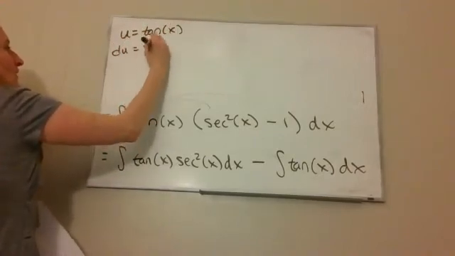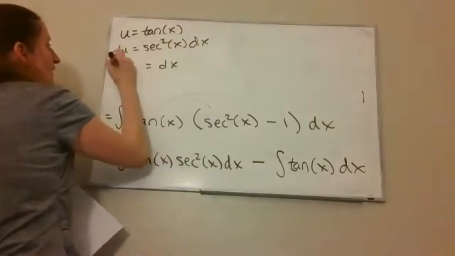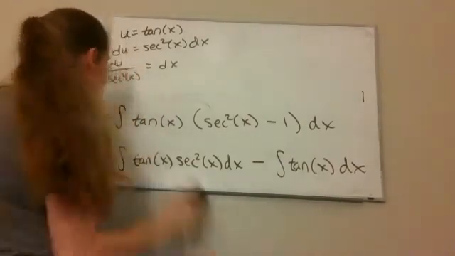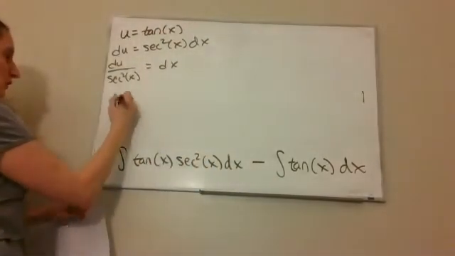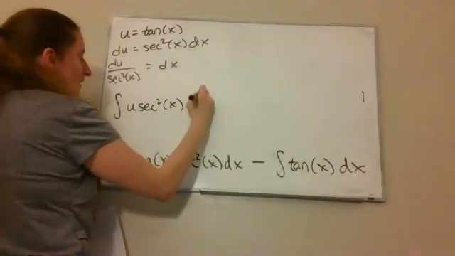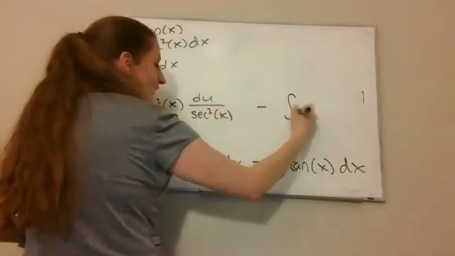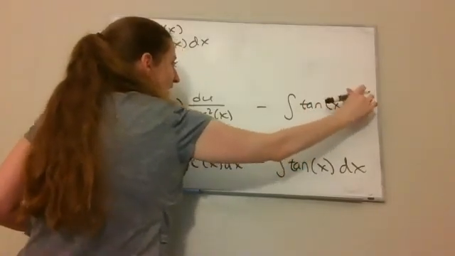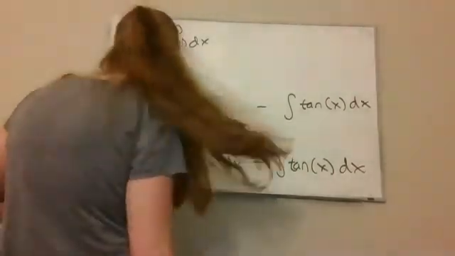So du is secant squared, which means dx is du over secant squared. So I can now rewrite my first integral using u's. I'll have u times secant squared of x, du over secant squared of x, and I still have this other integral, tangent x dx. Remember that one we have a formula for, so I'm not using substitution on that integral.